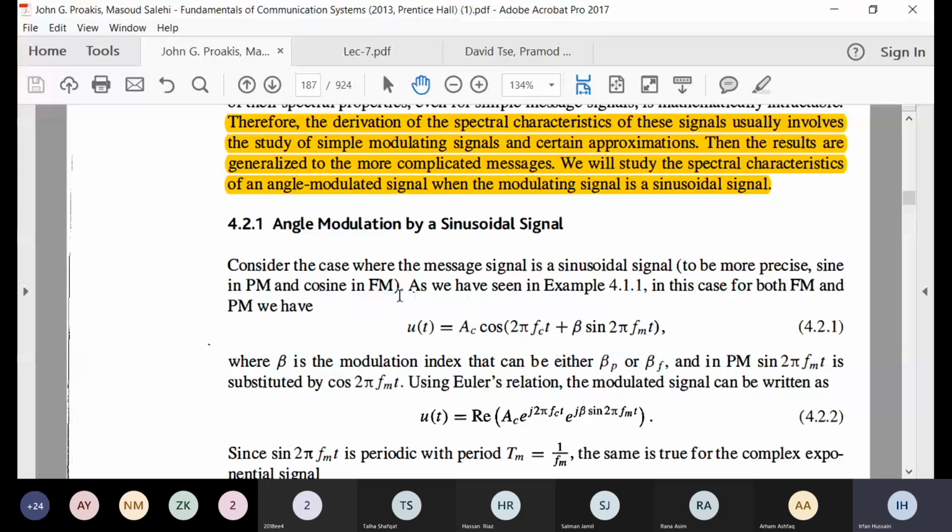So the signal will be cosine 2 pi f_c t plus beta. This beta could be beta_f or beta_p, and this could be sine or cosine. It is sine for PM, but it will be cosine for FM. So we are doing spectrum analysis of both the schemes, PM and FM, at the same time, because as we saw earlier they are much related.